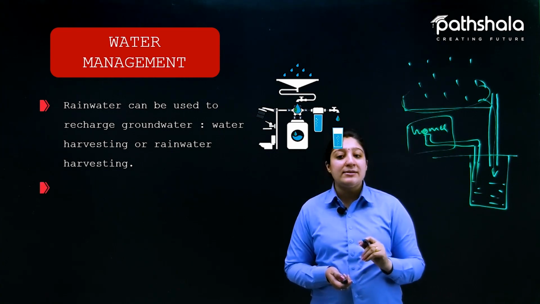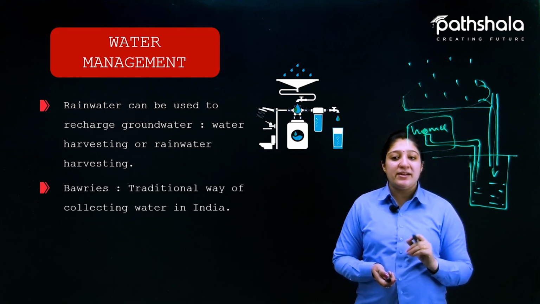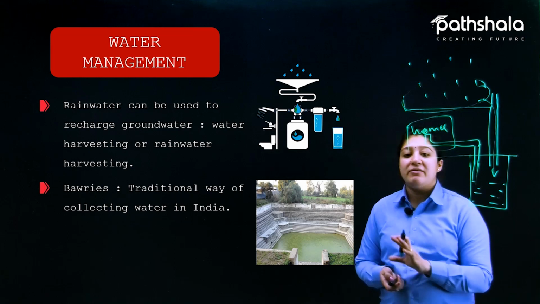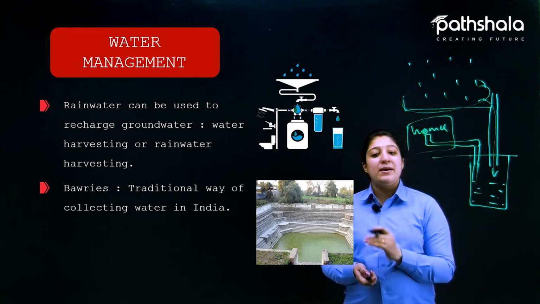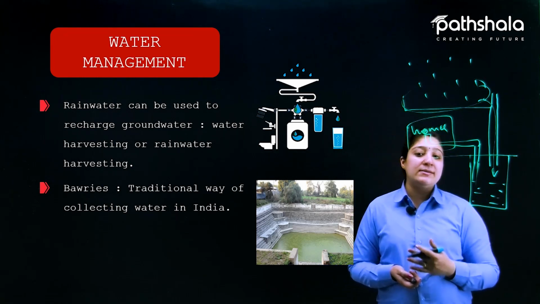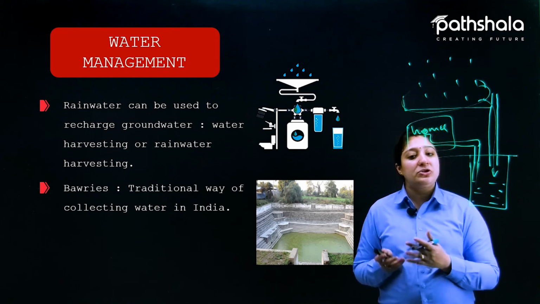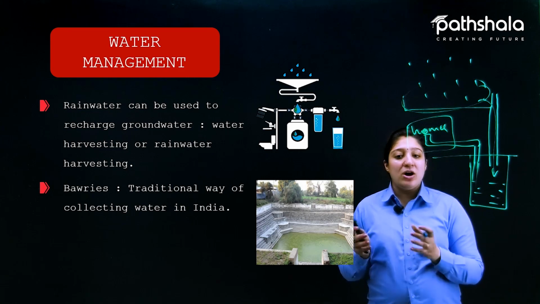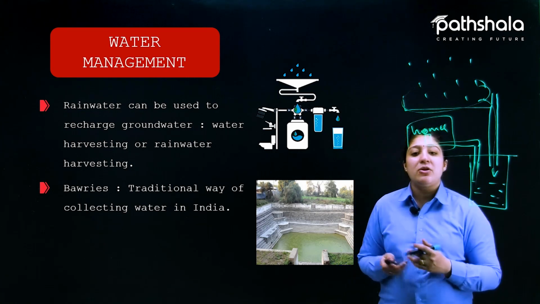The second thing is boweries. Now what are boweries? These are structures. See in the image, you can clearly get an idea of what boweries exactly are. The ancient people used these a lot to store rainwater. But nowadays, because there is less rainfall, these are not used properly.